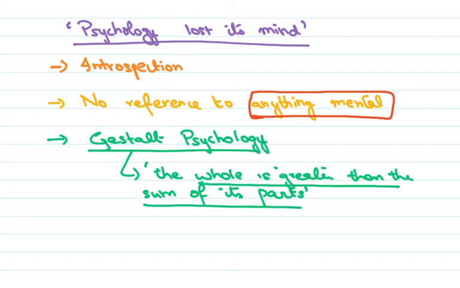So with Gestalt psychology in America, there were references to the mind and the brain and perception, but the behaviorists were very quick in shutting them down and critiquing them, because the behaviorists were very strong in their belief that psychology should not concern itself with anything that could not be observed directly, right?